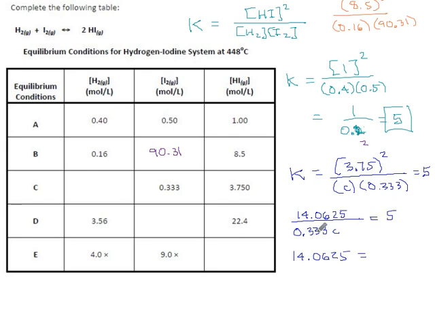And on the right side we get 0.333C times 5, which is 1.665C. And then we divide by 1.665 on both sides. So 14.0625 divided by 1.665. And we get C equals 8.45 moles per liter. Good.